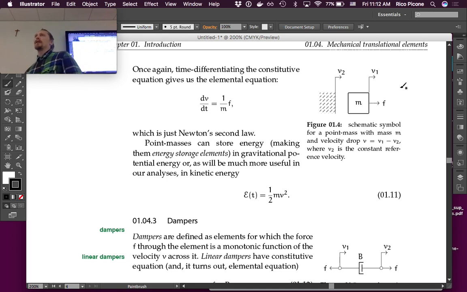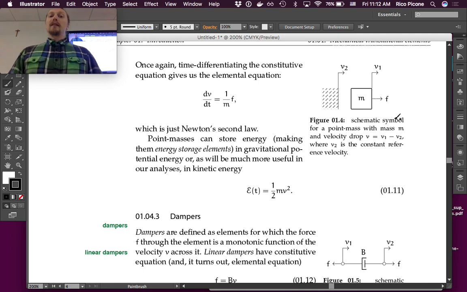So it has to be either constant velocity or zero velocity, which is also a constant velocity reference. So that's what this depicts. And F is a force acting on the mass. That's pretty much everything that you guys have seen, right? Forces on masses, that kind of stuff.